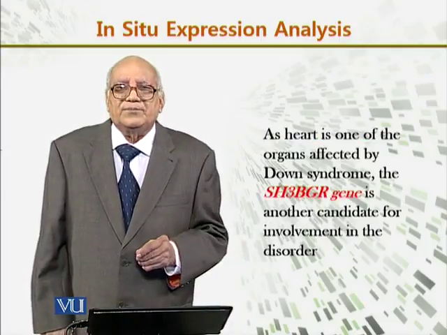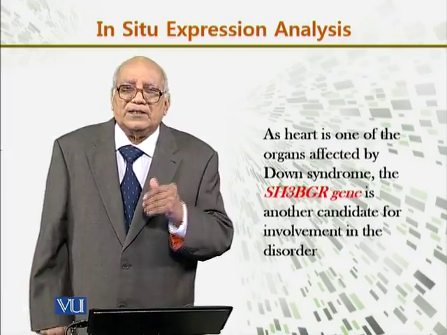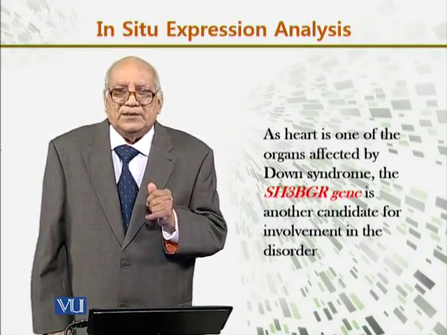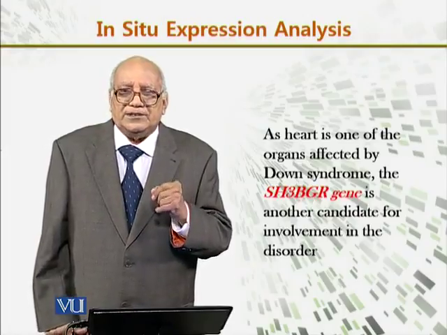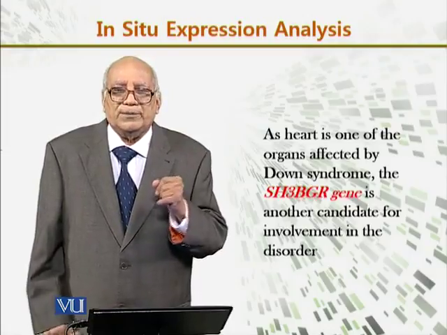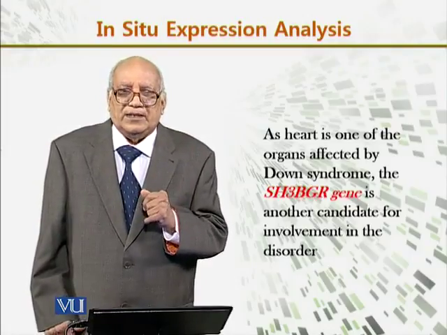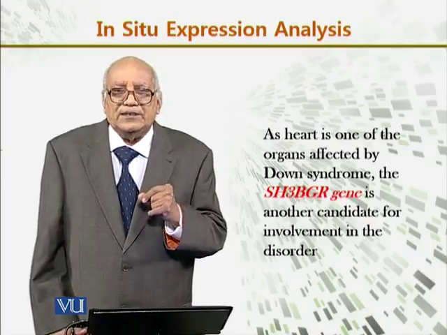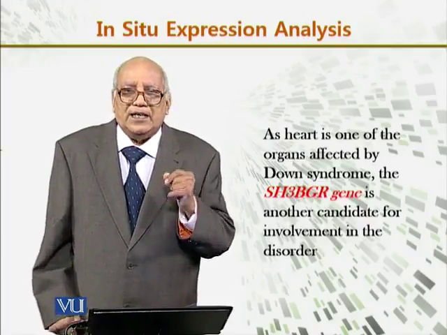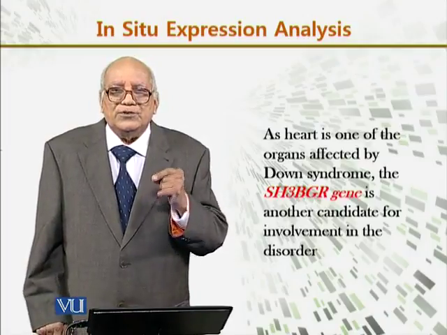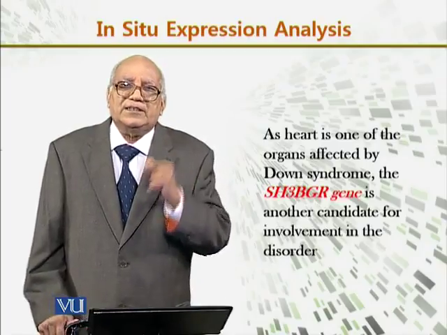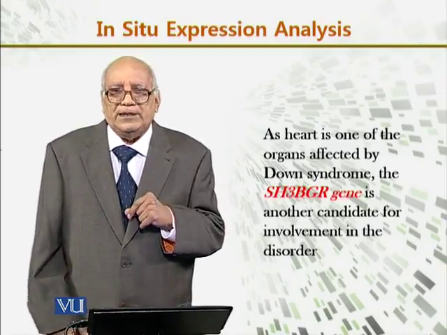As the heart is one of the organs affected by Down syndrome, the SIM2/BGR gene is another candidate for involvement in this disorder. And this study has helped us to see how in situ expression analysis for a gene can be performed.